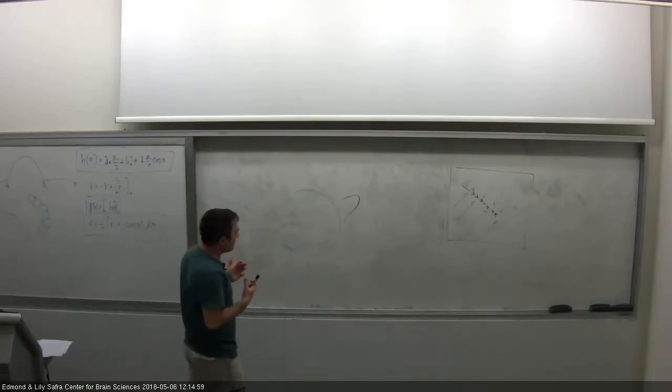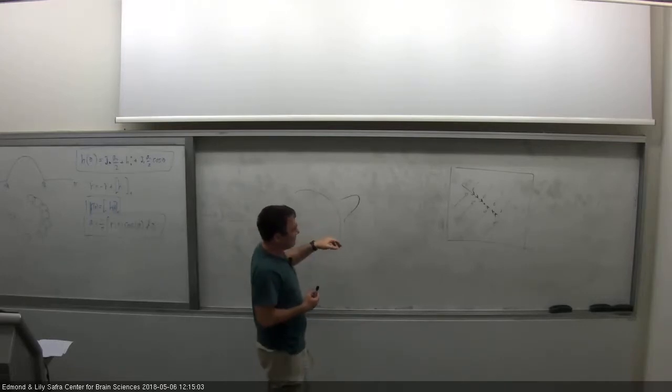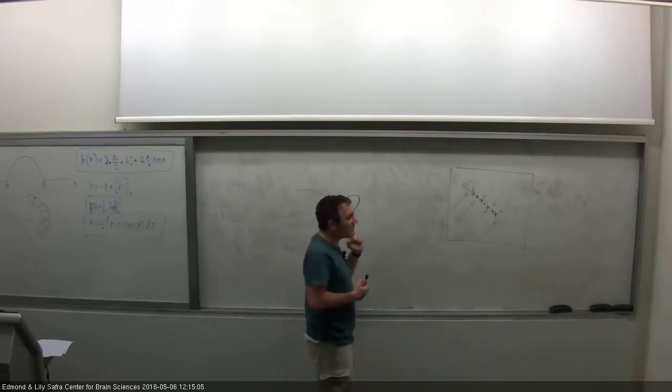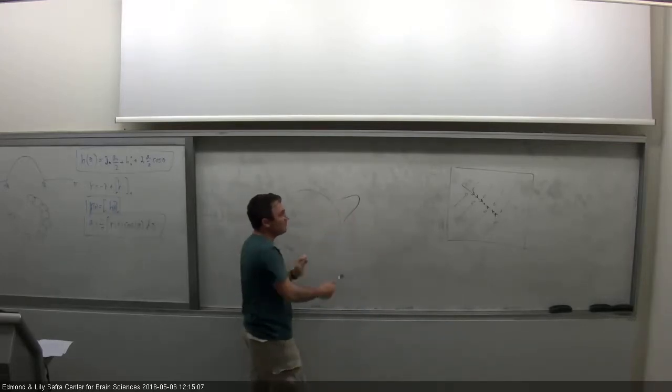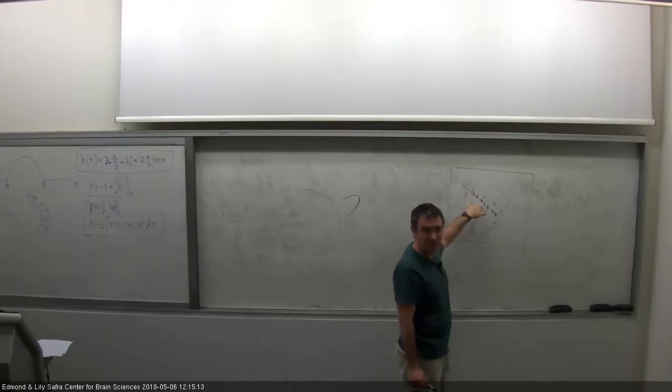So the answer is that the special thing about the bump solution and the line attractor here is the fact that we have a continuum of solutions, a continuum of attractors of the dynamics.